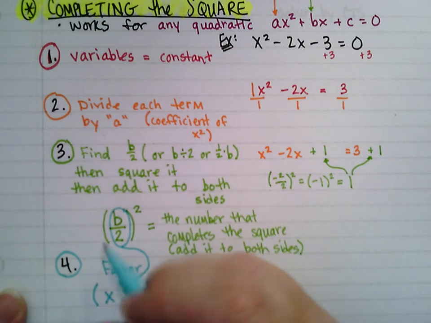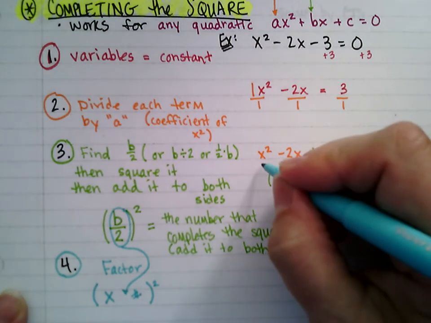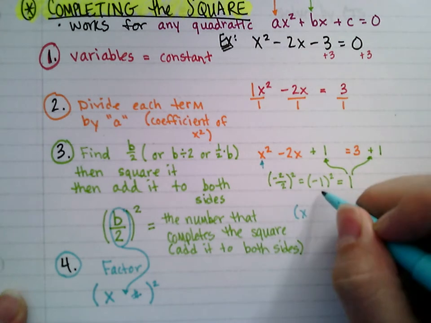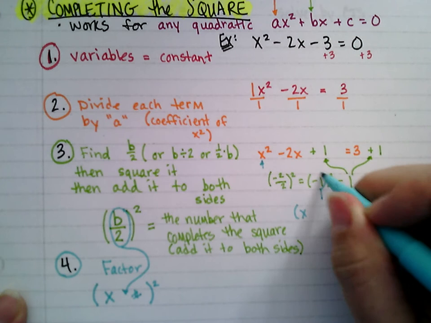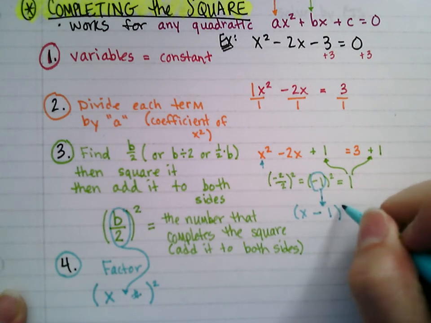Whatever that number was, that b divided by 2 number is going to go in there. So in my problem, my letter is x. So I'm going to go x, and then I'm going to take this number right here that's in the parentheses, negative 1 squared.